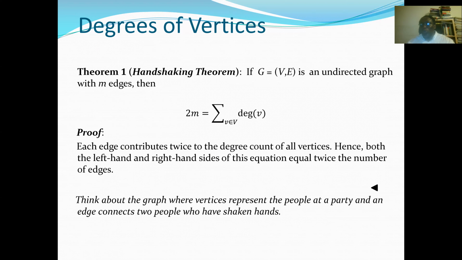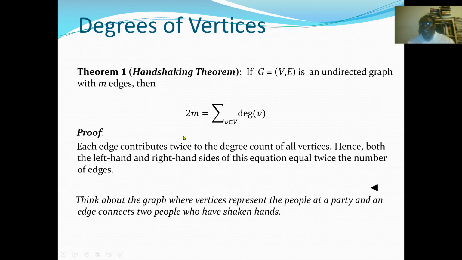And if it's a loop, we count it twice, because it's connected to the same vertex, but it goes and comes back. So each edge contributes twice to the degree count of all vertices. Hence, both the left hand side and the right hand side of this equation equal twice the number of edges.